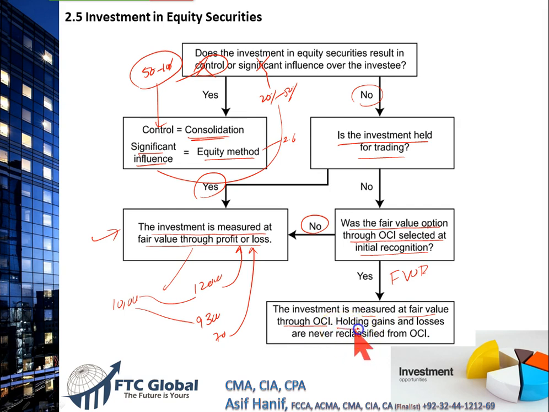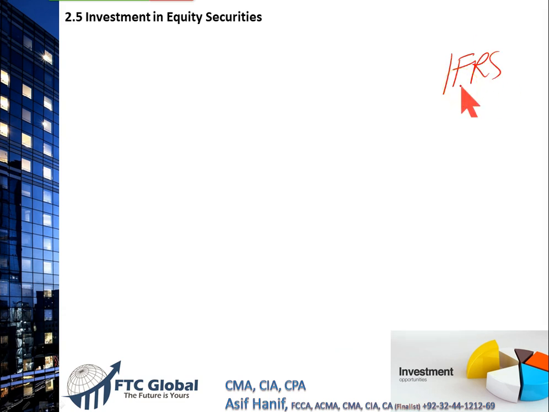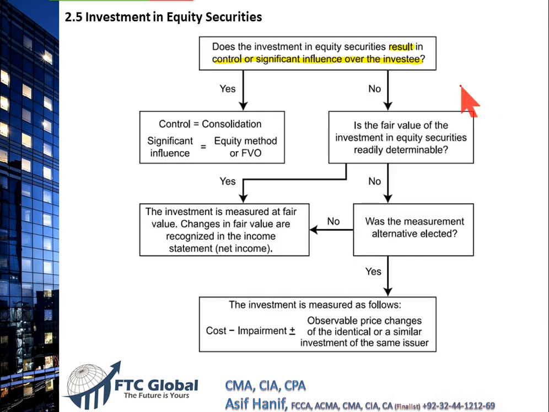It means any holding gains and losses are put in the OCI and they are never reclassified, meaning they are never reported as a part of income. So that's how we treat investments that are between 0 to 20%. This is as per the IFRS. Remember, this is as per the IFRS treatment, and the previous one was as per the US GAAP. So that completes your topic 2.5, investment in equity securities.